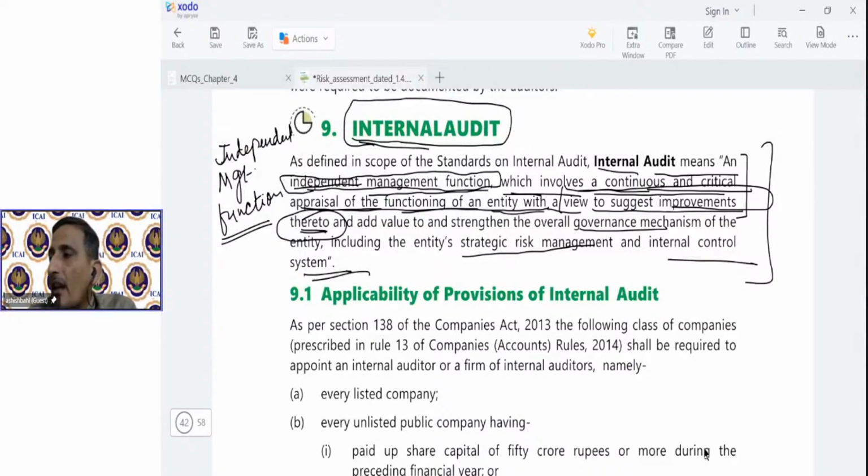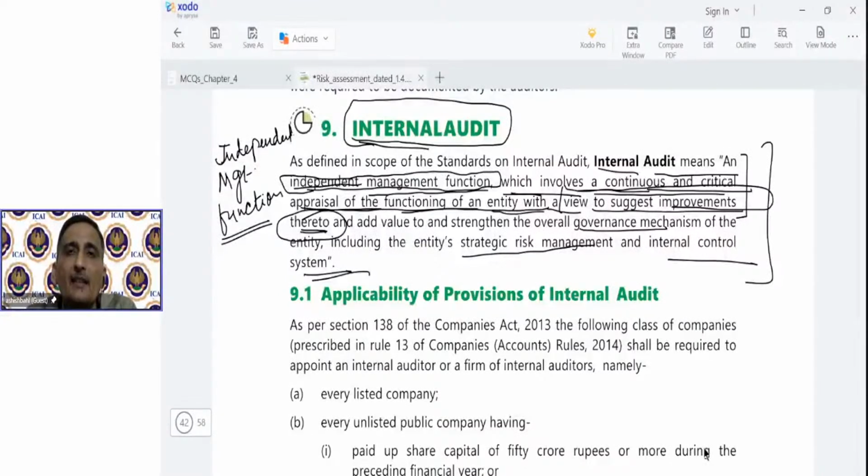Now, Syed, what you are asking is, if an auditor has conducted internal audit of a company and after a short time gap he has to conduct an audit of financial statements, would that be a conflict of interest. If you are internal auditor of a company, then you cannot be statutory auditor of the company.